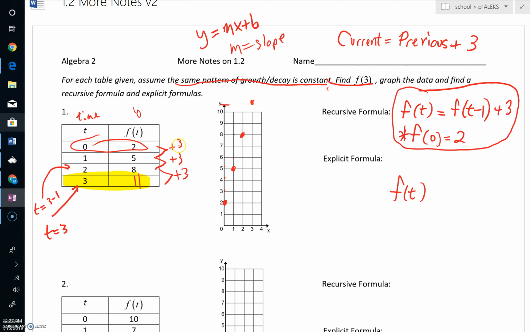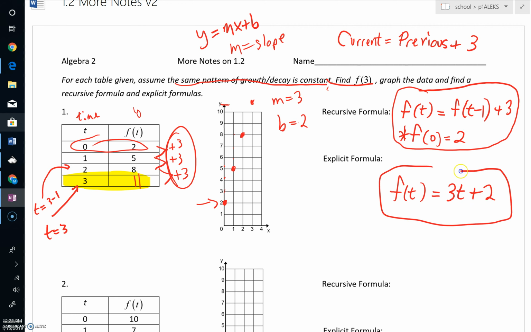That, by the way, is how you are changing your y value. Your slope is a 3. But what do we begin with? Well, what do we start with? Here's your y-intercept. It's a 2. So normally we'd write 3x plus 2, but I'm going to write 3t plus 2. This is your explicit formula.